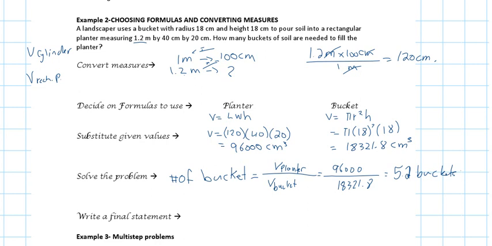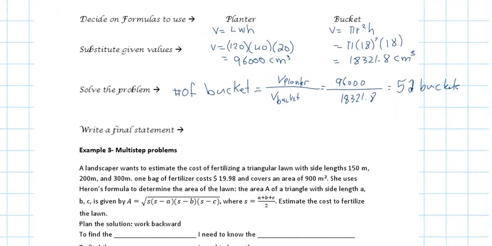Okay, so my therefore statement is: therefore, about, so let's just try it. So about 5.2 or about 5 buckets are needed to fill the planter.